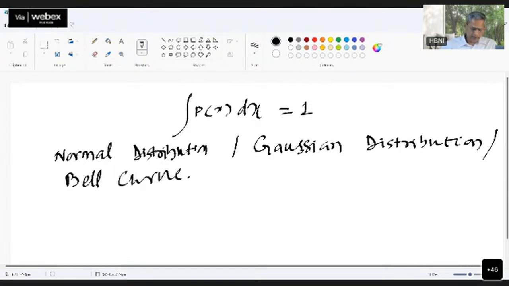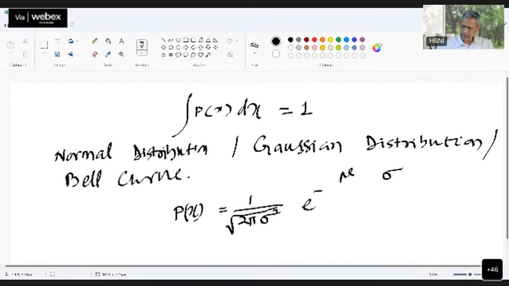If you know the two quantities, the mean mu and the width sigma, or standard deviation, then you can write the probability. It will be 1 by sigma root 2 pi, e to the power minus x minus mu whole square by 2 sigma square.